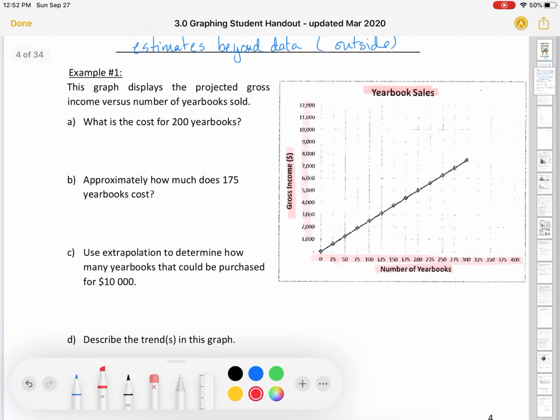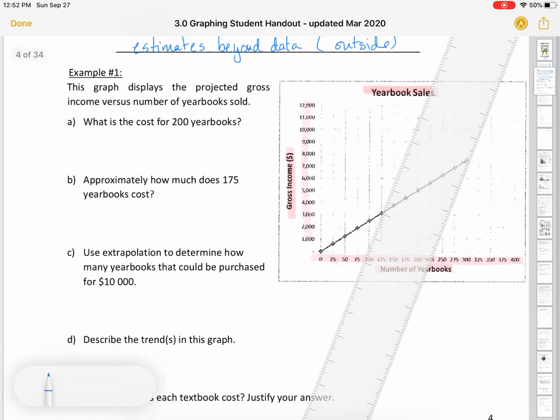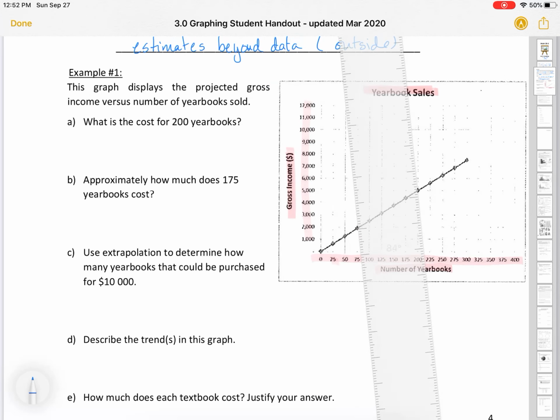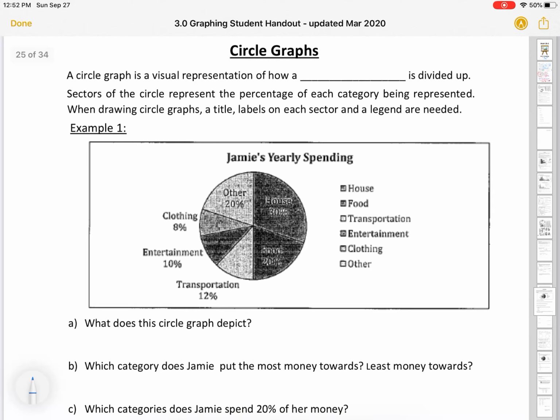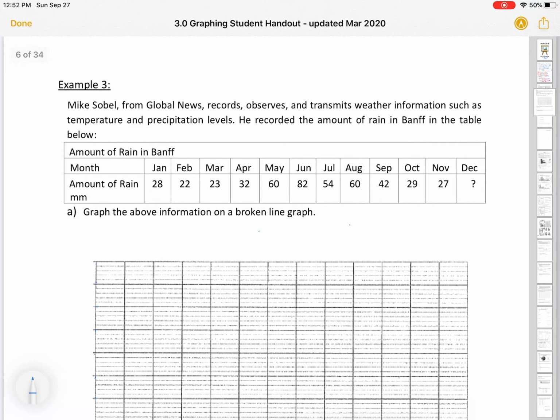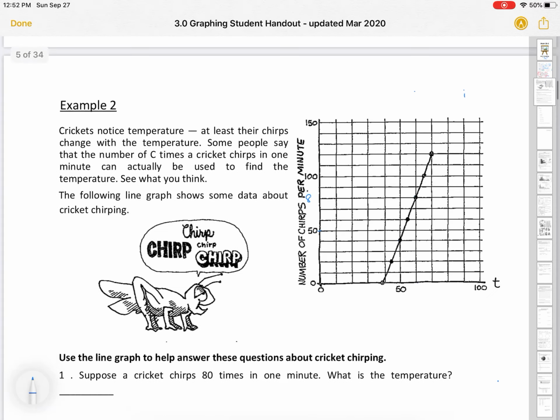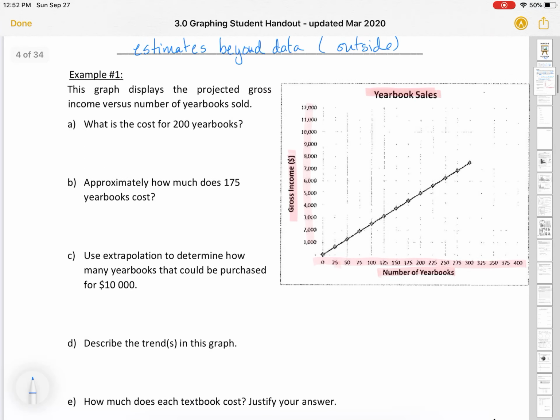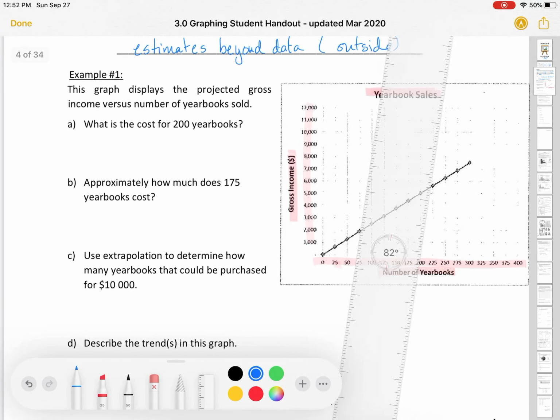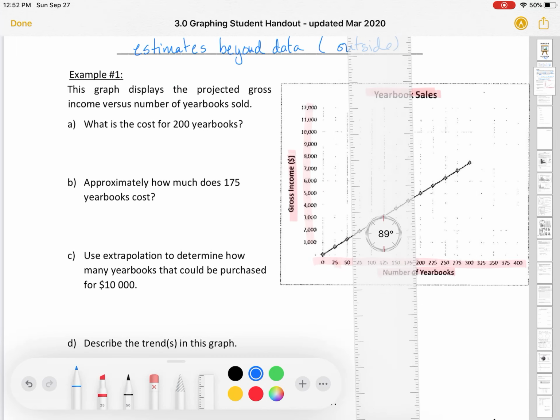Now, first thing we're going to do is it says, what is the cost for 200 yearbooks? So we are going to use our ruler. Rulers are nice. We're going to go right back to the correct page, because that happens sometimes. I accidentally touched the side. So 200.